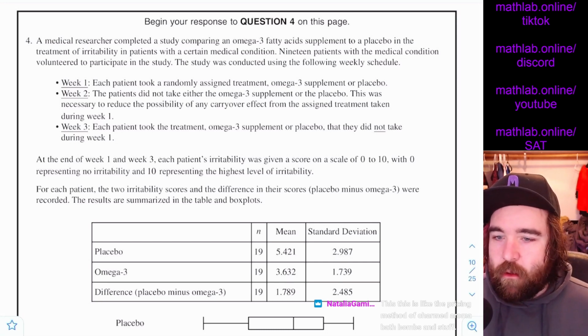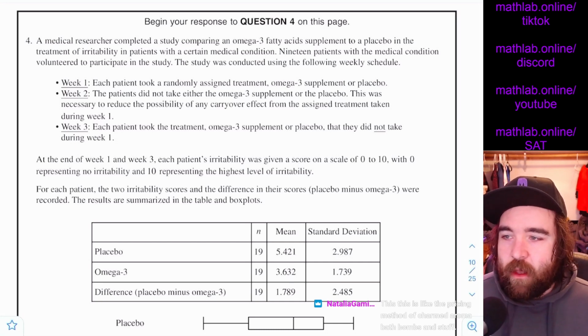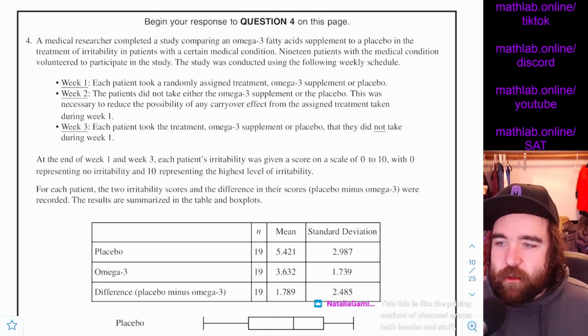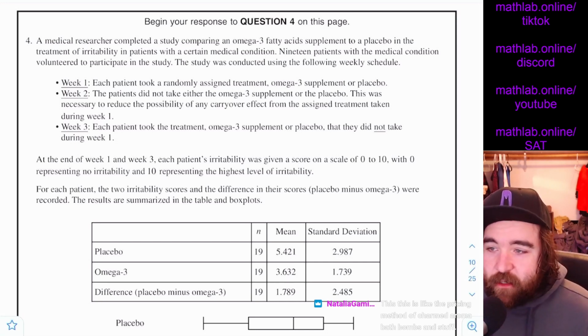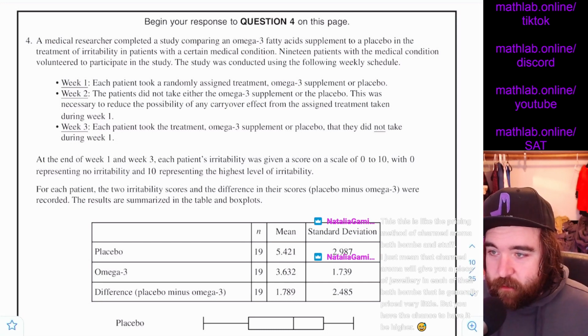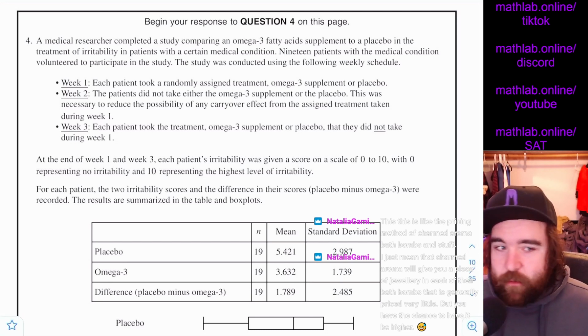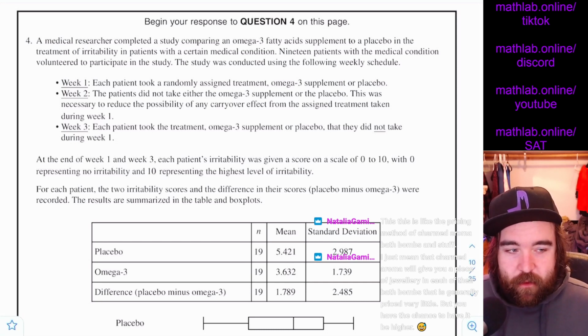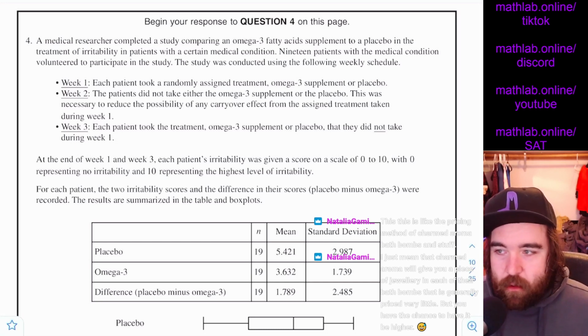Week 1, each patient took a randomly assigned treatment, omega-3 supplement or placebo. Week 2, the patients did not take either the omega-3 supplement or the placebo. This was necessary to reduce the possibility of any carryover effect from the assigned treatment taken in week 1. Okay, so the first week they took stuff. The second week they didn't at all.